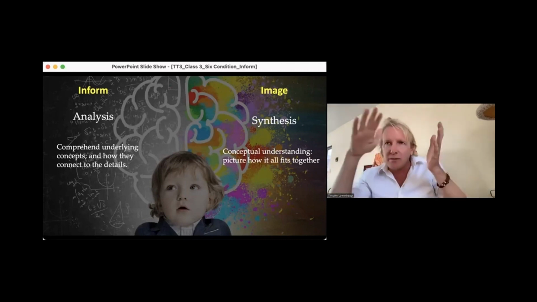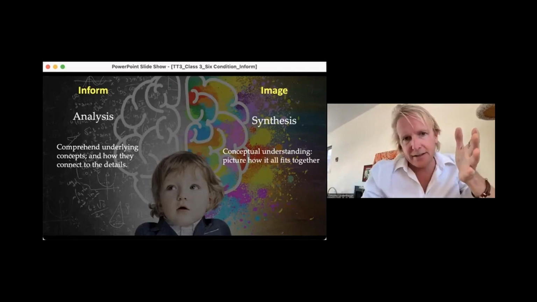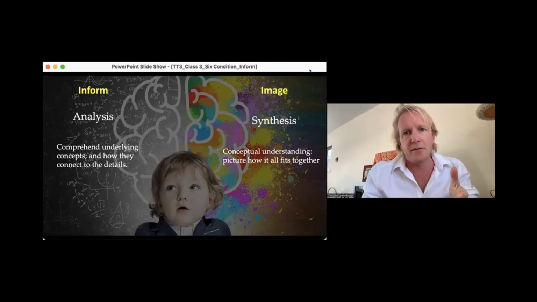Okay. So when you move into the what, you're first creating a place for them to synthesize all the information from the right brain. You're creating the garden. You're creating the framework.